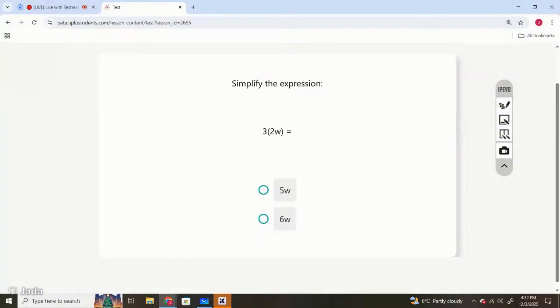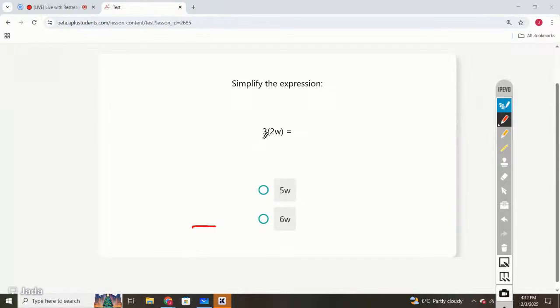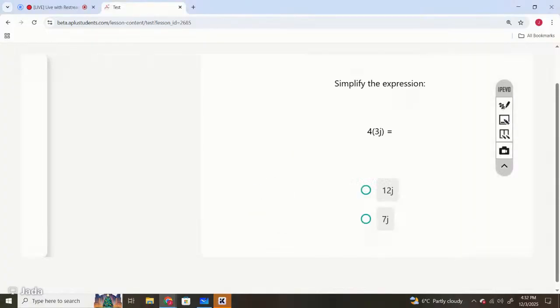Simplify the expression 3 times 2w. 3 times 2 is 6. That is 6w. Option number 2 is the correct option.